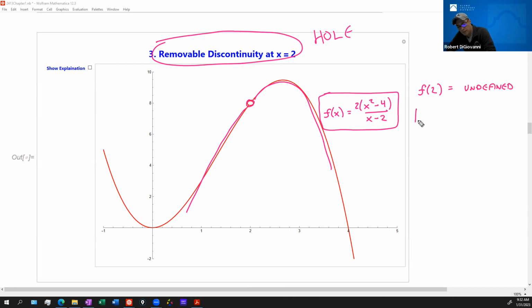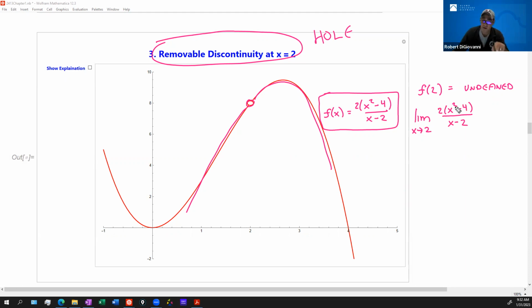Now, what is the limit as x approaches 2 of this function? These are two different questions I'm asking, right? The first one is, what happens if I try and plug 2 into the function? Well, I get 0 over 0, and that's undefined, right? But if I take the limit, I get 0 over 0, and what do we do?